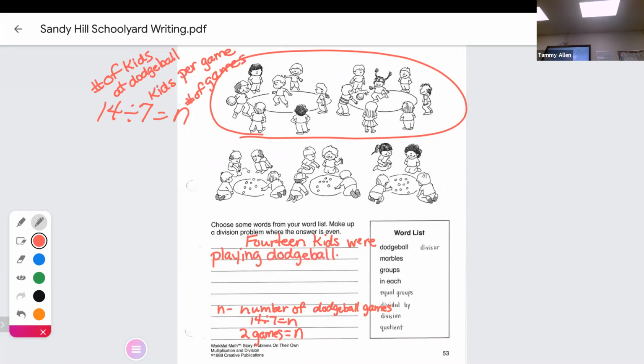Somebody want to continue the story? Evan? One group, we split the kids into 2 groups. 7 kids were in each game.